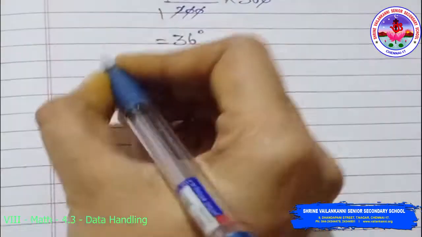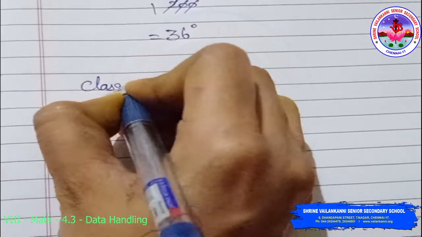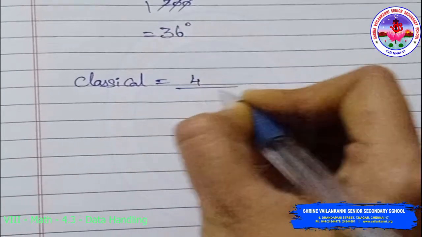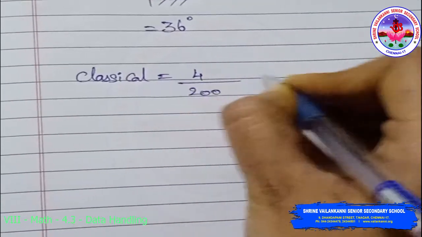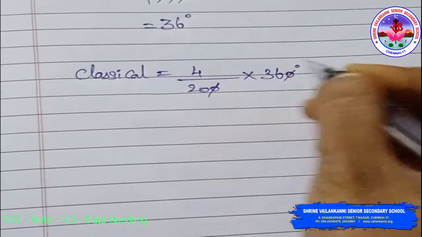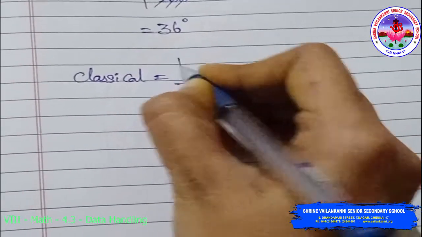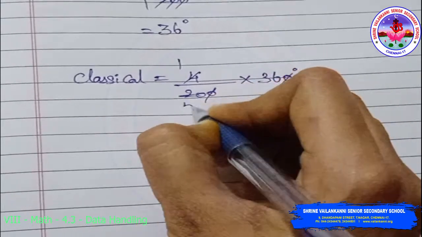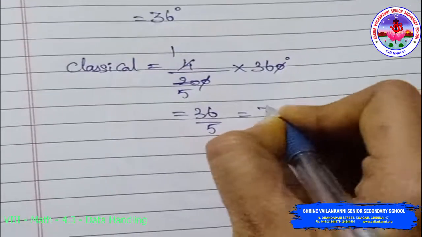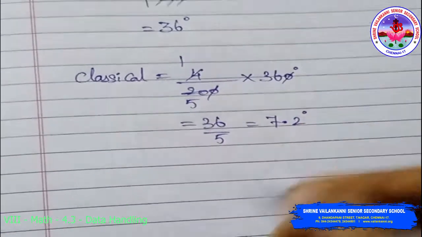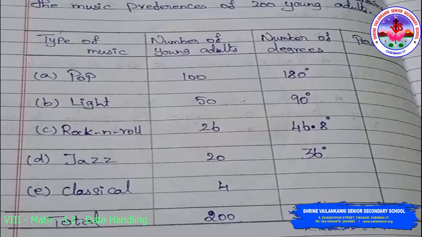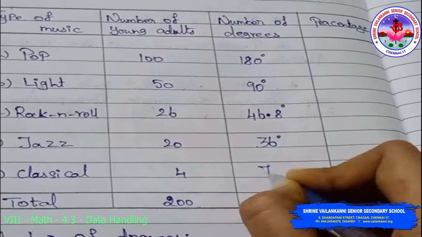The last one is classical, the number of adults is 4. Classical is 4 divided by the total 200, times 360 degrees. Zeros cancel, this is 1 times, this is 5 times, 36 divided by 5 is equal to 7.2 degrees. Classical, the number of degrees is 7.2 degrees.